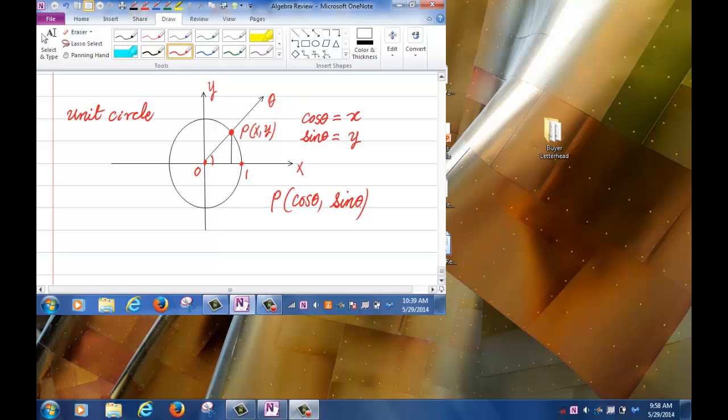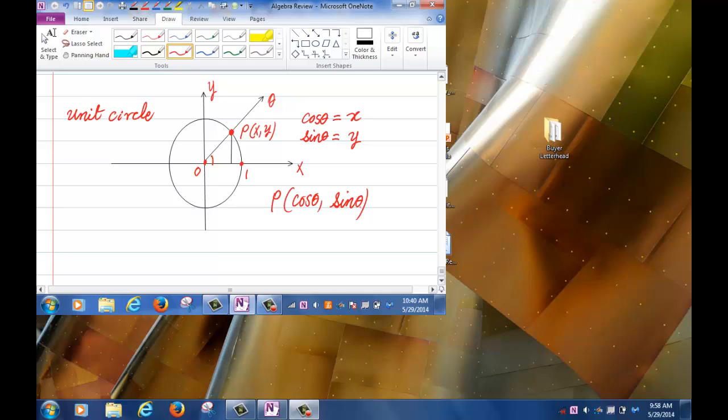Think about any other angle. Any other angle would mean that P will be in a different place on the circle. So the x coordinate is always the length of the adjacent, and the second coordinate is always the length of the opposite. You realize that? And you're dividing them always by 1. So that's why the first coordinate is cosine theta, the second coordinate is sine theta.